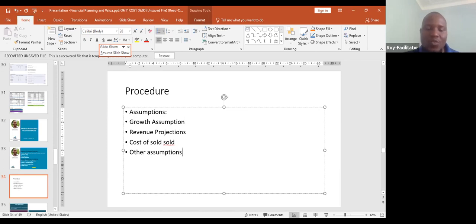Once you do that, you work on your income statement up to EBITDA, and since you don't have depreciation and amortization yet, you go to your balance sheet, and work on your receivables and payables, and inventory if you hold stock.